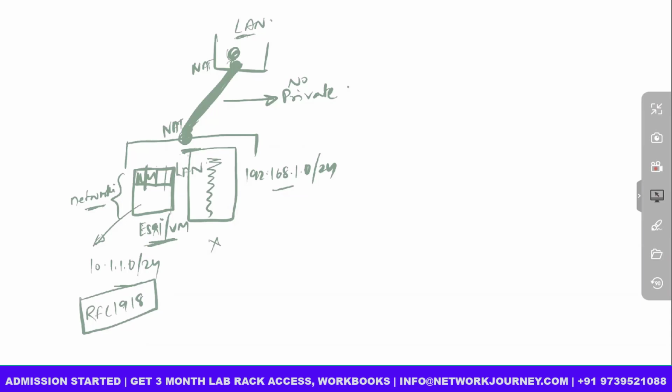Okay. So if my virtual machine is on a bridge, it is using an IP from RFC 1918. Yes, but from the ESXi or that VM's database only. That will be different from your network. That is why most of the time we make use of the NAT adapter.